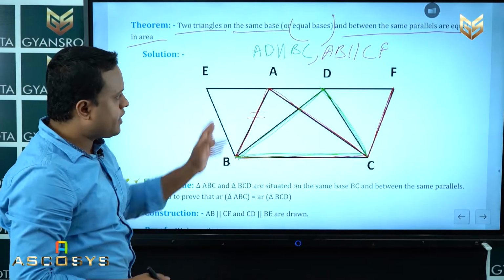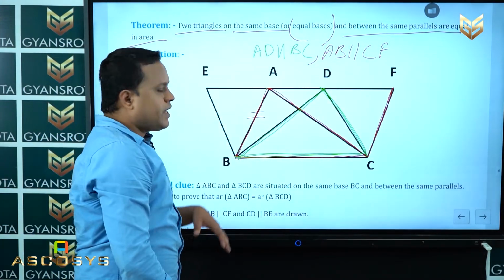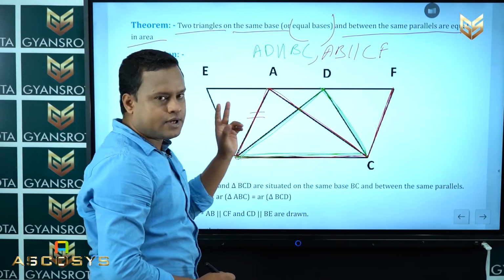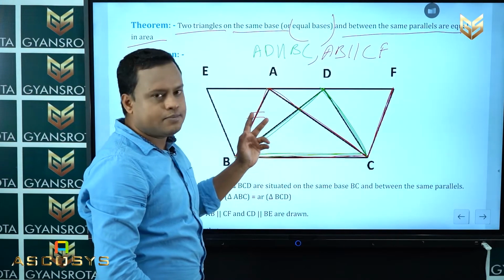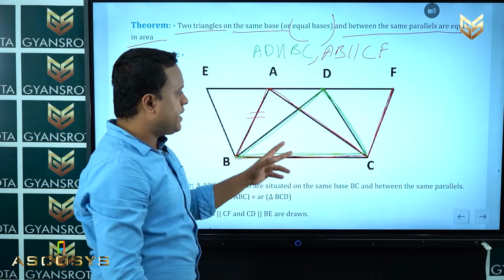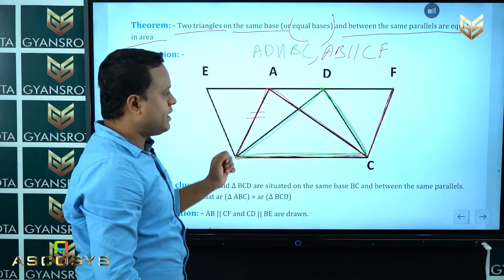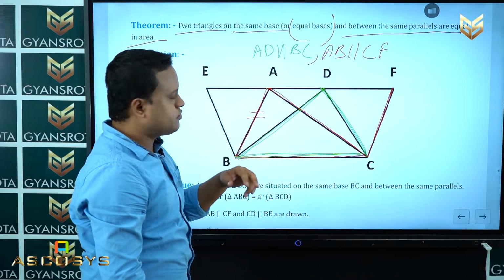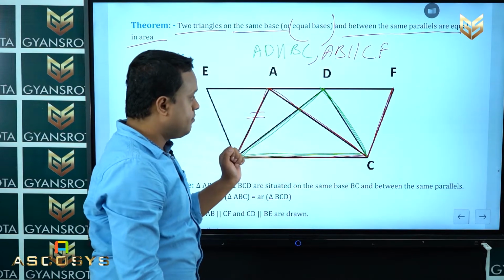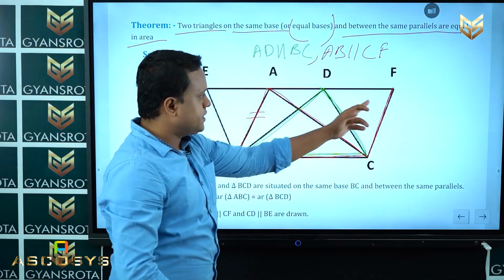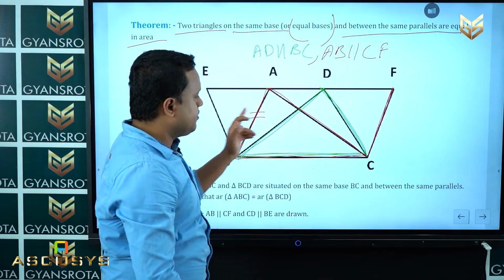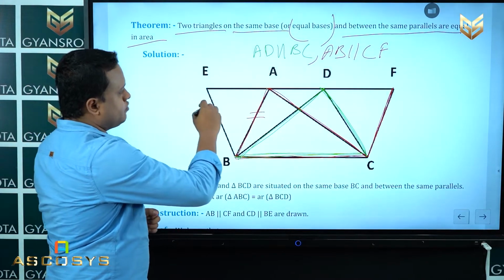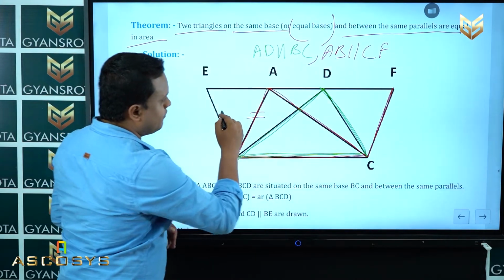So, why are we drawing the parallels? Because we already have two theorems. The area of two parallelograms between the same parallels and on the same base are equal, and the second one is that the area of a triangle is equal to half the area of a parallelogram if they are on the same base and between the same parallels. To show this kind of thing, we need a parallelogram.